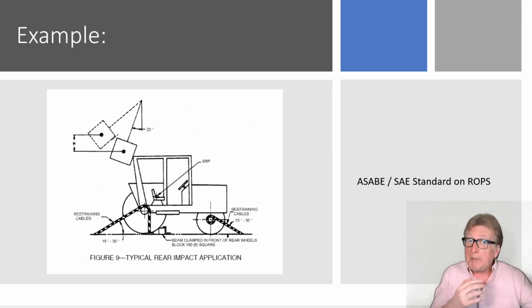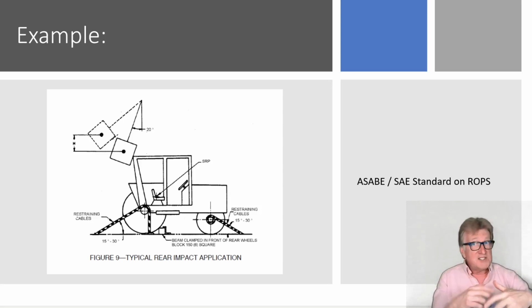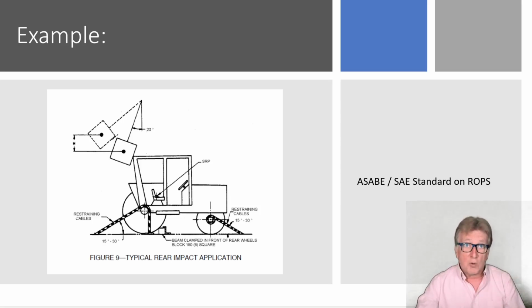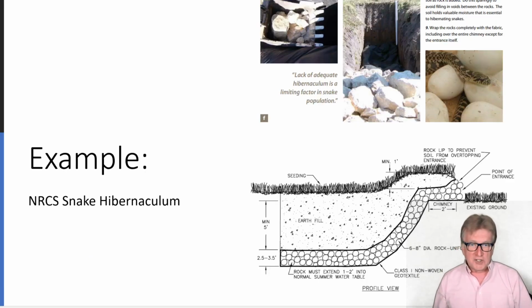It's basically a pendulum, and that pendulum comes down and smacks the ROPS, and that structure can only deflect by a certain amount in order to meet the performance requirements of the standard. There are lots of examples like this of testing requirements to ensure that something works according to its designed function.